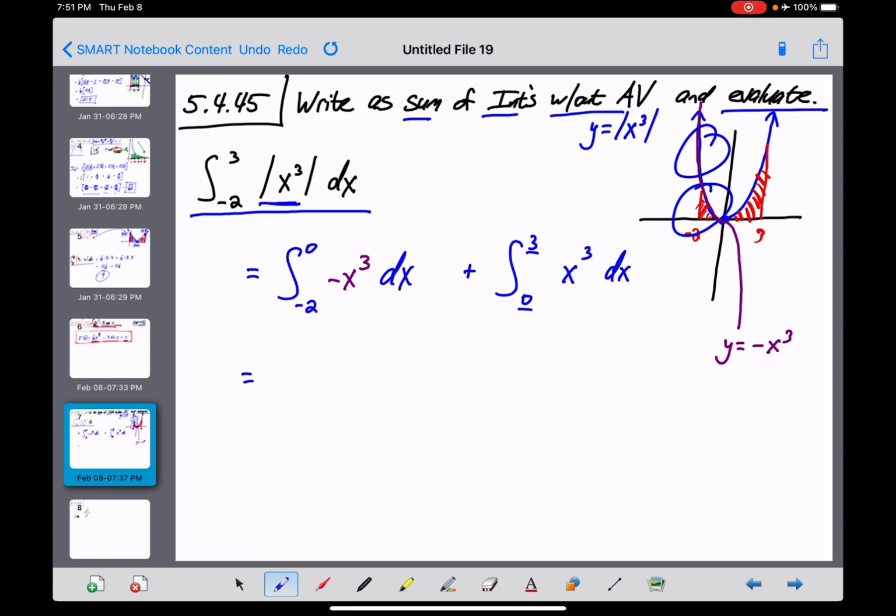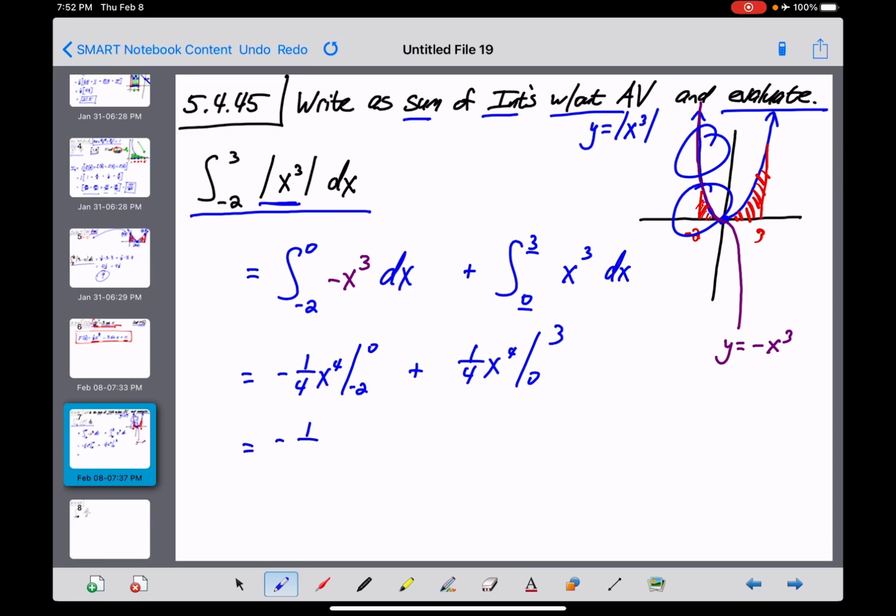So let's get to it. The antiderivative of -x cubed is going to be -1/4 x to the 4th, evaluated from -2 to 0. And we'll add to that 1/4 x to the 4th, evaluated from 0 to 3. Okay, so what are we going to get here?